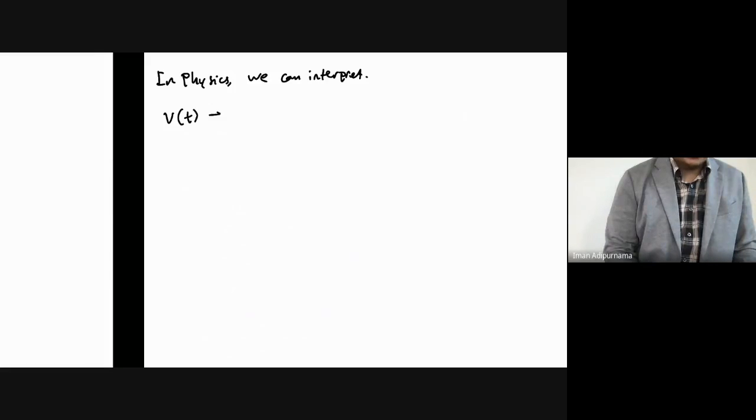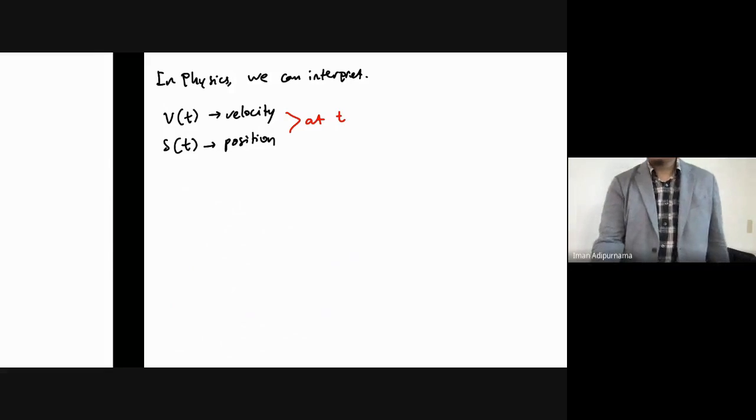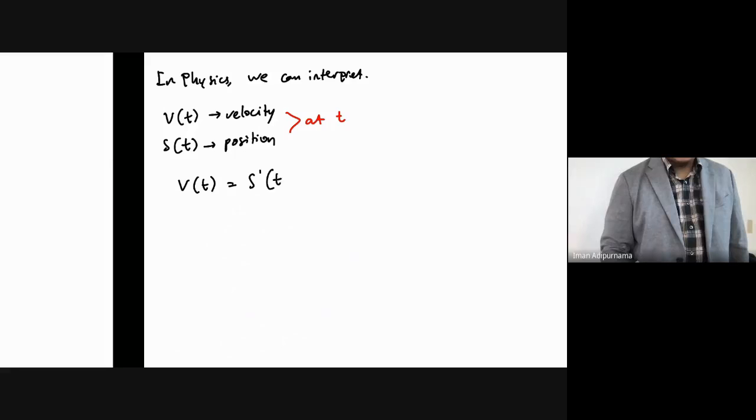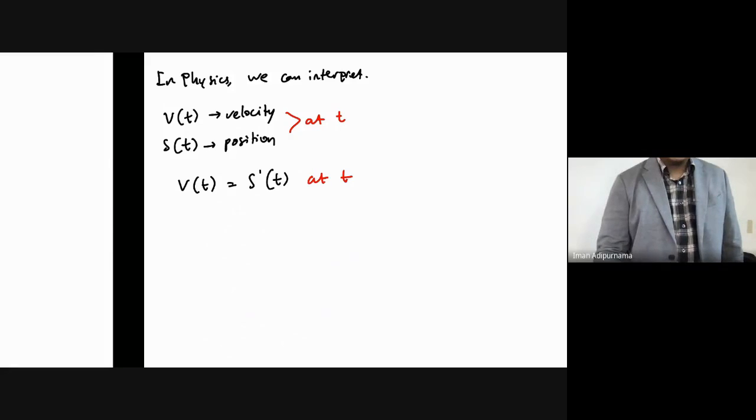Let's say our velocity is v, and s is our position at time t. So we can also interpret that our velocity is the derivative of the position function, right?